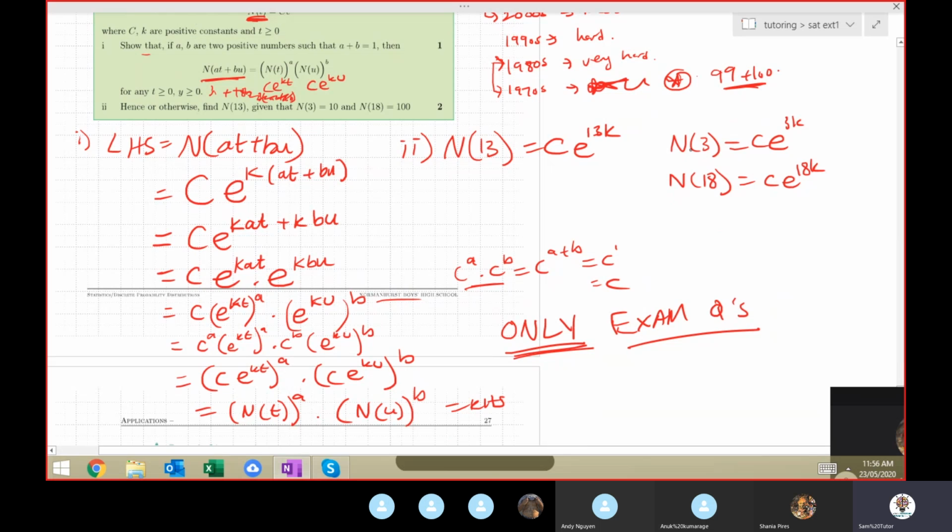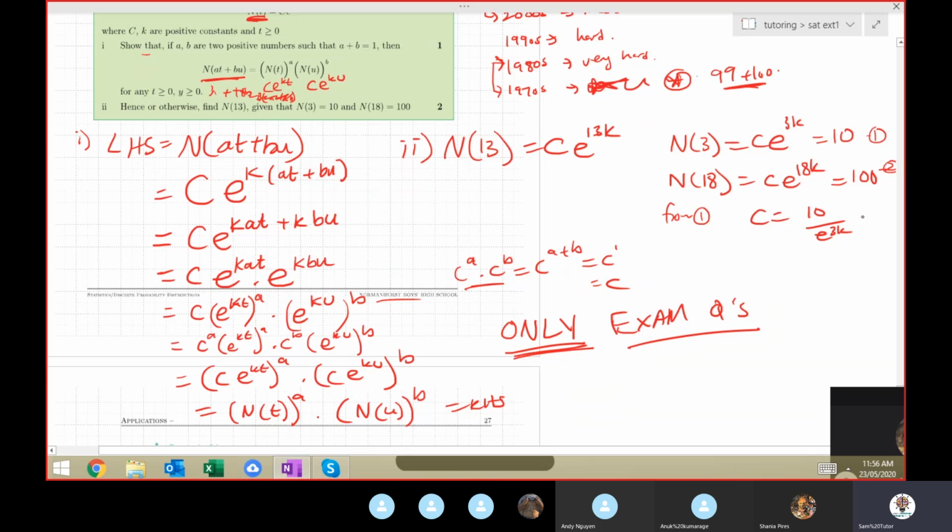We know that N of 3 is equal to 10. We know that N of 18 equals 100. You can see there's two missing letters, so we're just going to solve simultaneously. So from equation 1, I'll make C the subject, so C equals 10 on E to the 3K.